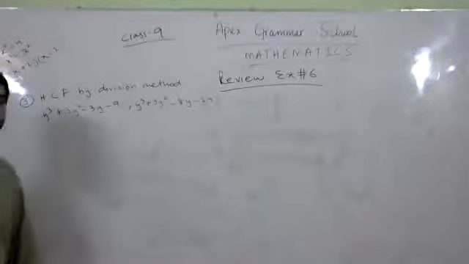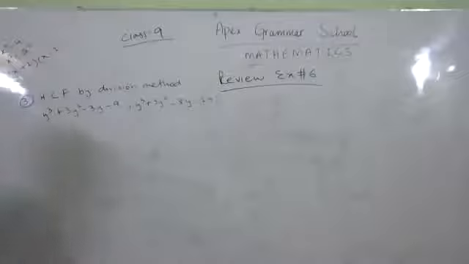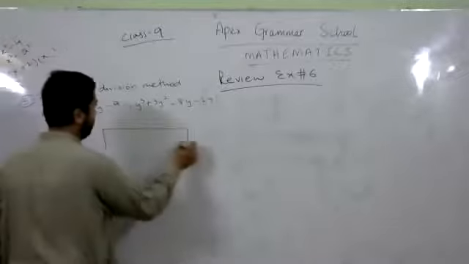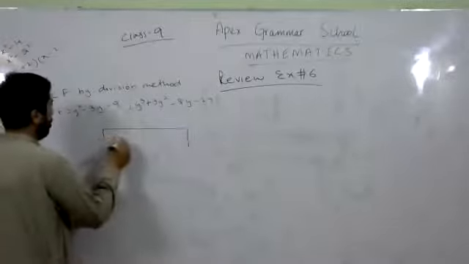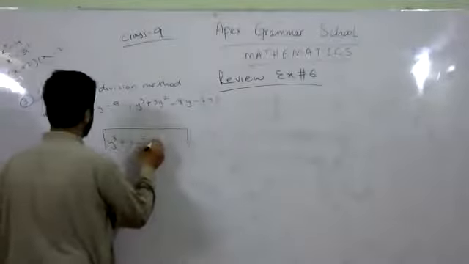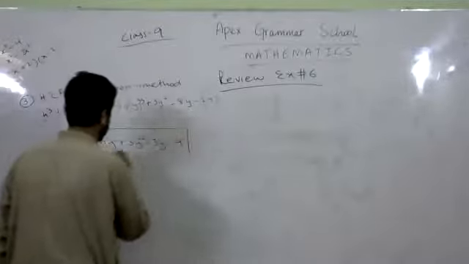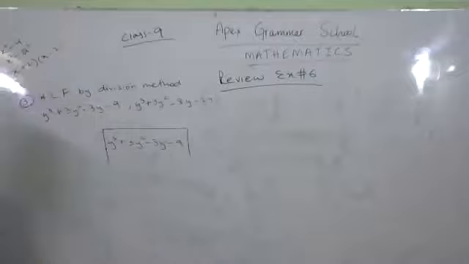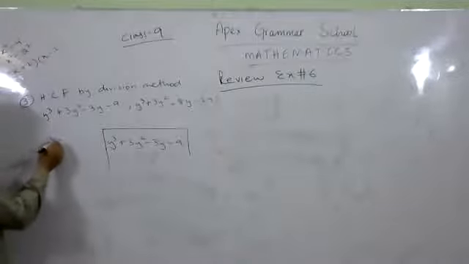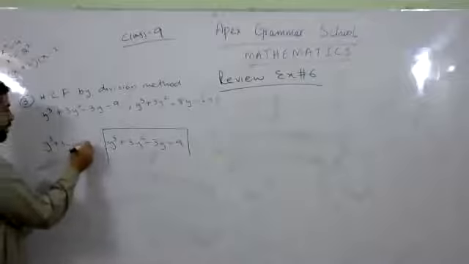The bigger value here is y cube plus 3y square minus 3y minus 9. So the smaller value is y cube plus 3y square minus 8y minus 20.